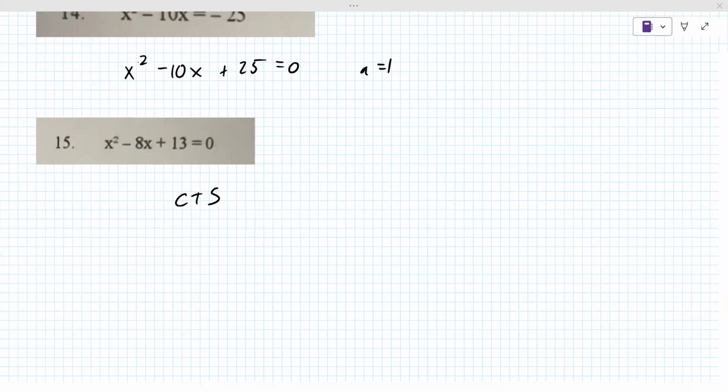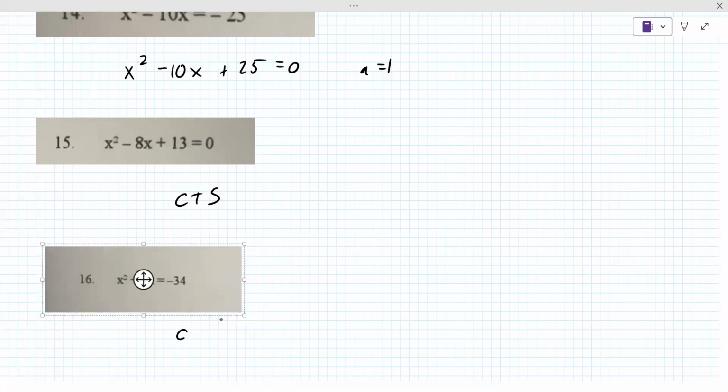Sixteen is a completing the square problem, although it does not work out nicely, meaning it's no real solution. And then 17 is also a completing the square problem.